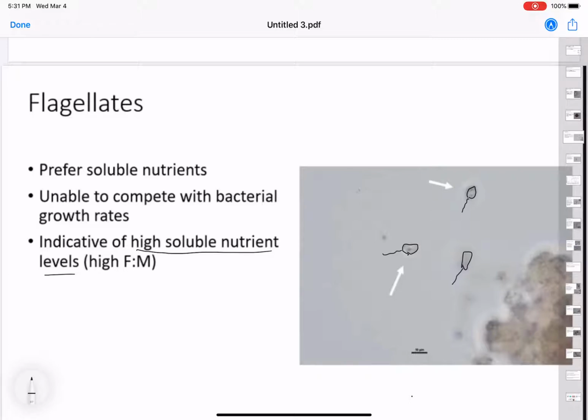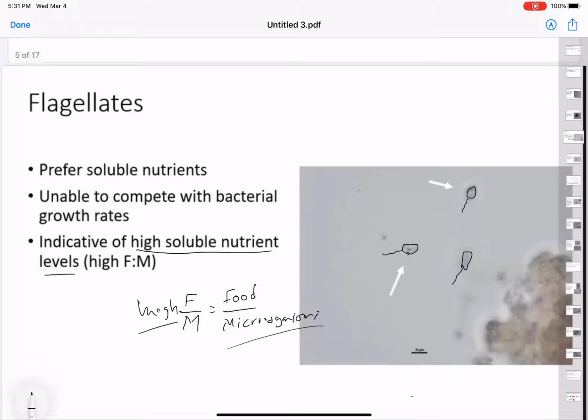When you say high soluble food levels, you will see this later with the conversion F over M, which is equivalent to food over microorganisms. So if you have a high F over M, you would see flagellates all over the sample.